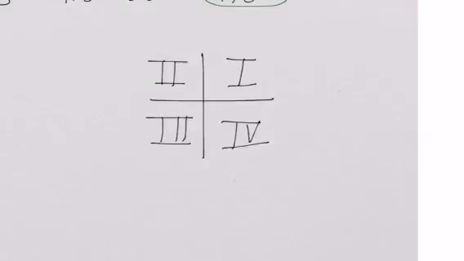So if an angle theta, we're going to say 0 is less than or equal to theta is less than or equal to 360, all these in degrees.